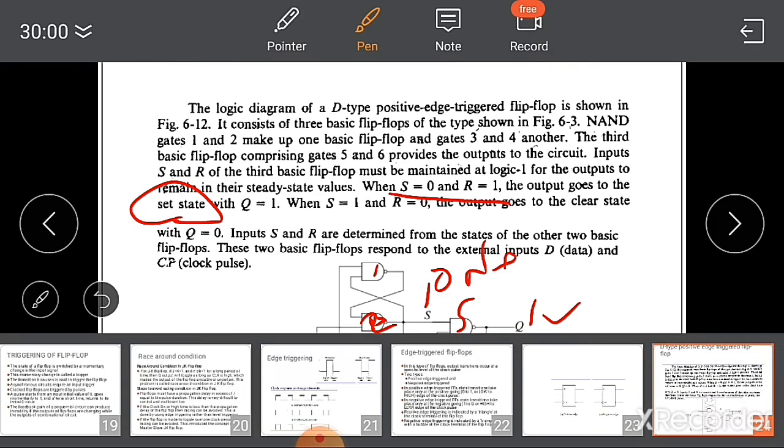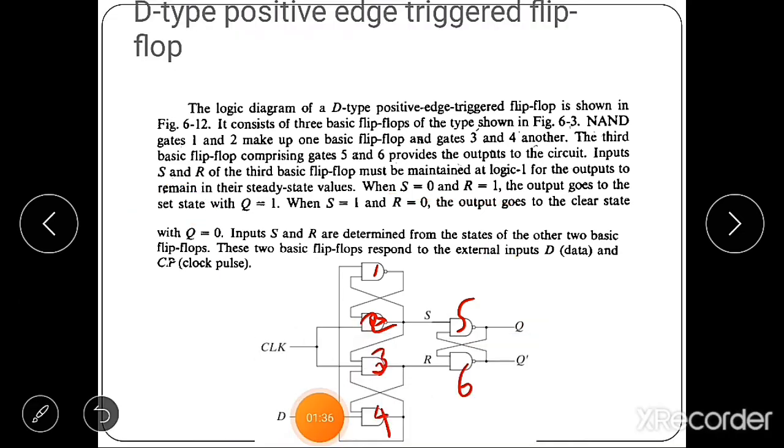and Q bar is equal to 0. In the next case, if S is equal to 1 and R is equal to 0, then the output goes to a clear state, that is Q is equal to 0 and Q bar is equal to 1.